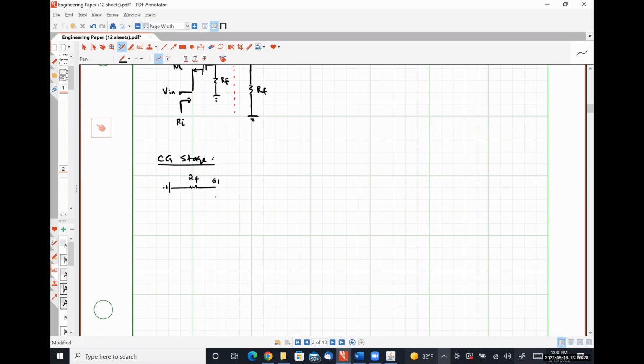That's the gate of transistor M1. Here's VGS1. Here's the source of transistor M1, and this is where we're applying our input signal, Vin.